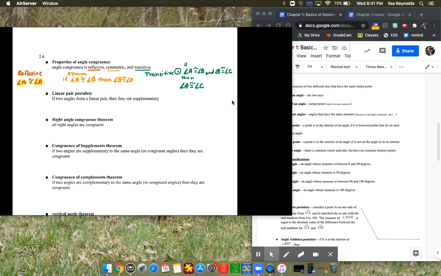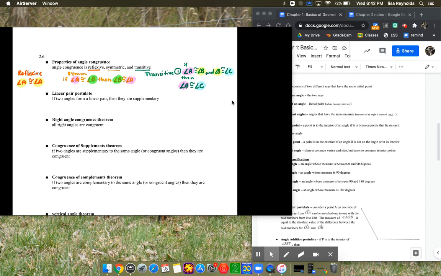Our symmetric property is if we have a congruent statement, then we can reverse the order of the congruent statement. And our transitive property, we have a first angle congruent to the second angle is congruent to a third. So since they're congruent to the same item, our first and third angles must be congruent to each other.